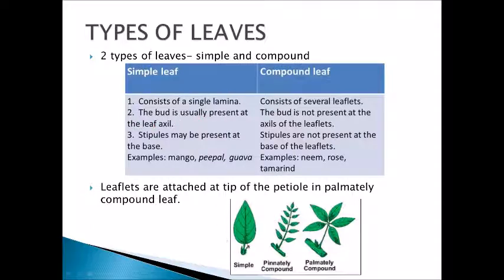Here in the axil of the leaf, that means where the petiole joins the stem, at that leaf base there is the axillary bud, while such a bud is not present in the axil of leaflets.